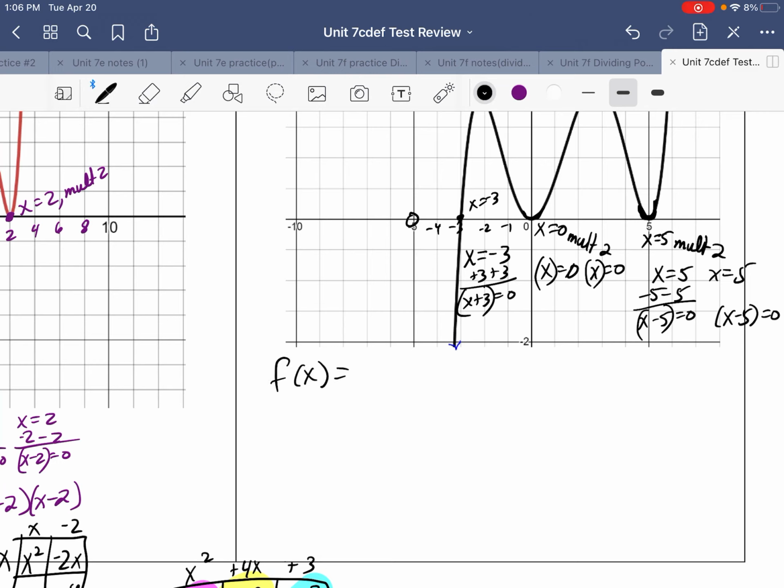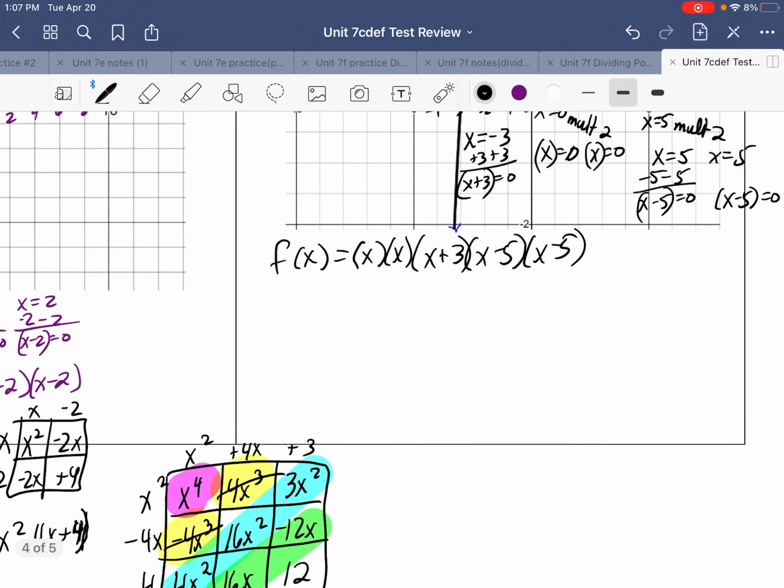So we have factored form is x. Most of the time you write monomials first, then binomials, then trinomials. x plus 3, x minus 5 times x minus 5. So you can multiply any order you want. I would actually split it up kind of like this. x times x is x squared. That's easy. And then x minus 5 times x minus 5 can be pretty straightforward.